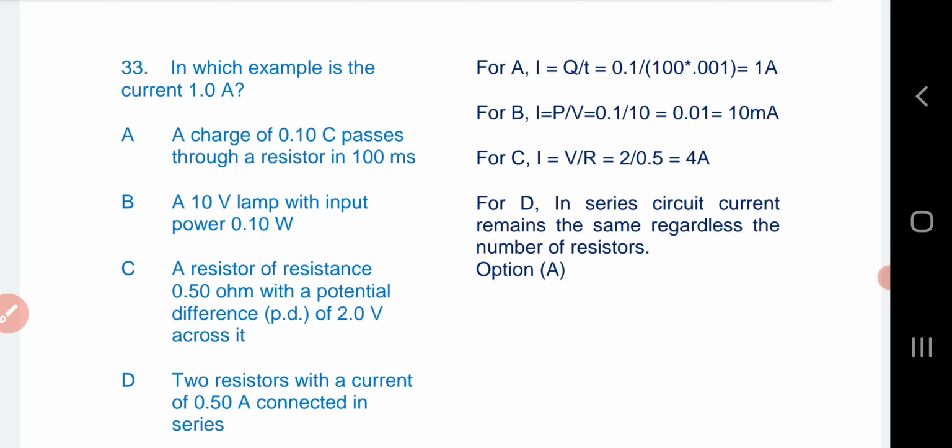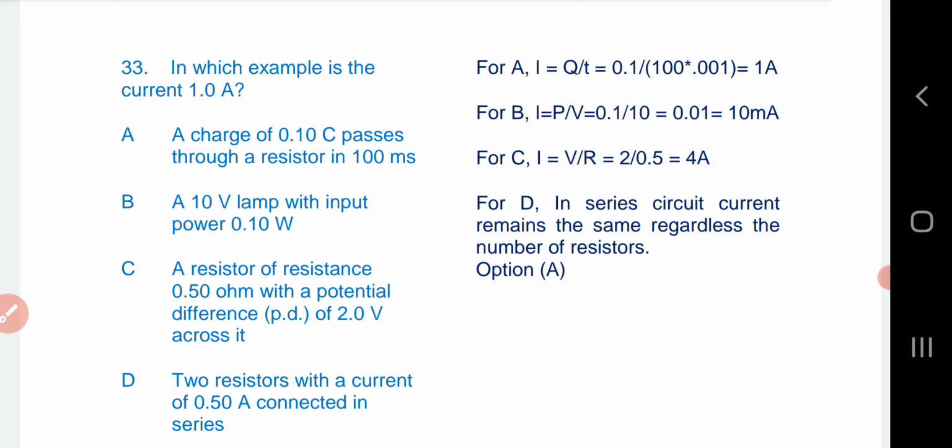Question number 33. In which example is the current 1 ampere? And the answer is, for option A, I is equal to Q over T and that is 1 ampere. For option B, I is equal to P over V and that is 10 milliampere. For option C, I is equal to V over R and that is 2 over 0.5, which is 4 amperes.